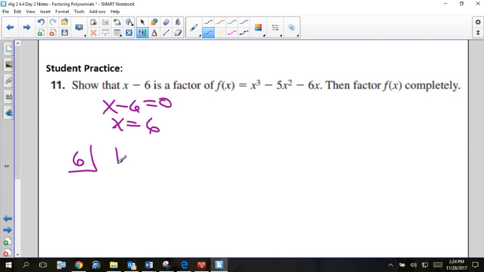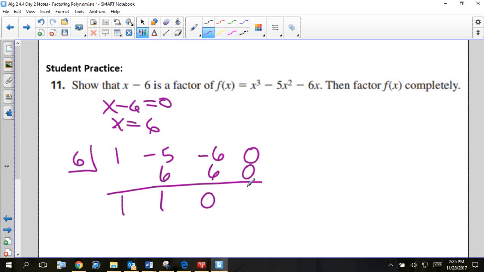Then what? Negative 5. Then negative 6. Then 0. Is it okay if I just don't do that 0? It's not okay. And then that last number is the remainder, and that last number better be 0.